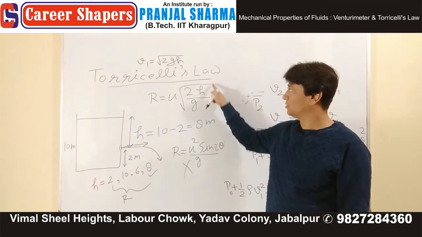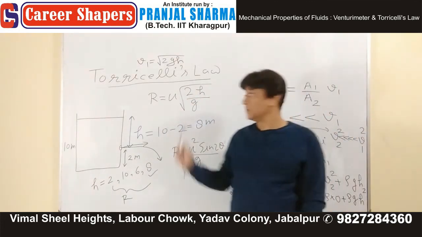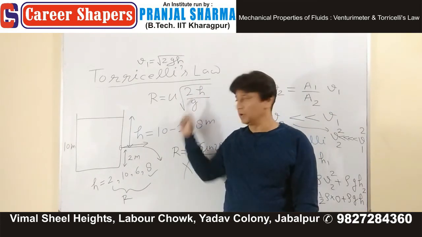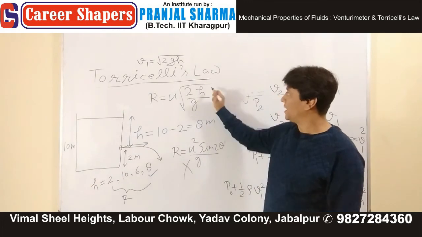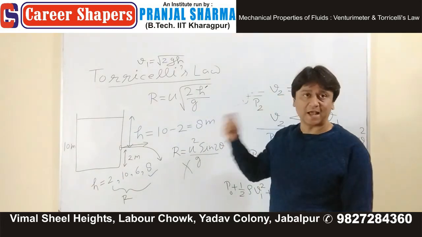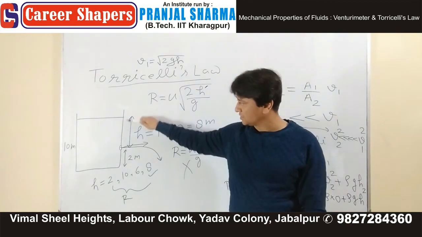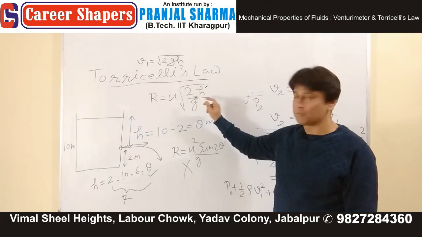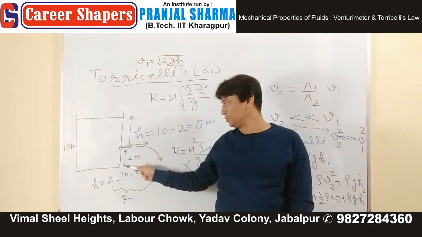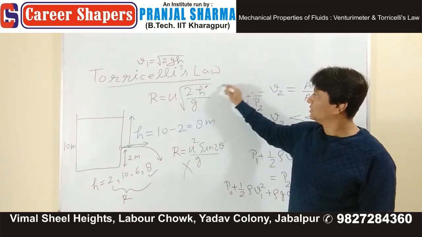The h in the horizontal projection formula is this height. Just to avoid confusion, I am using h dash. In root 2gh for Torricelli, this is the height, whereas in the formula of range, the height you take is the height from the ground, which is h dash.